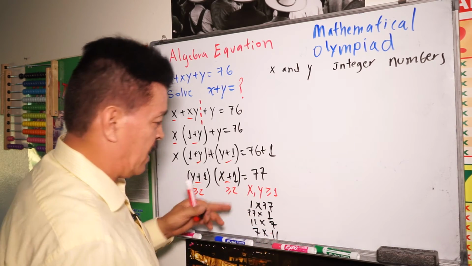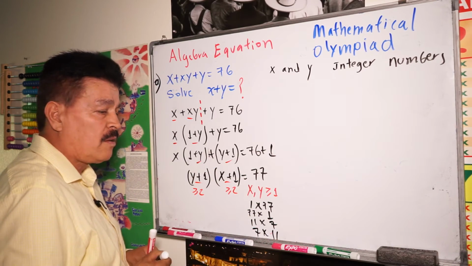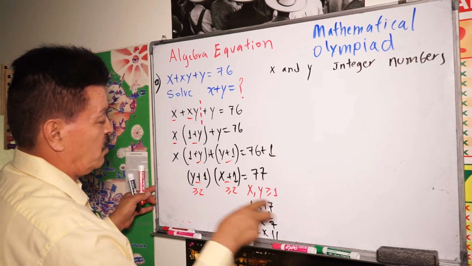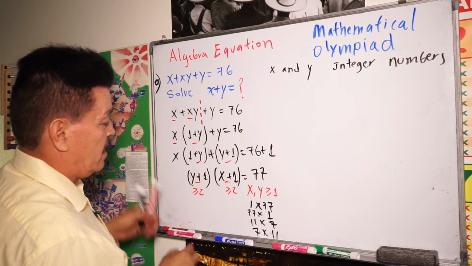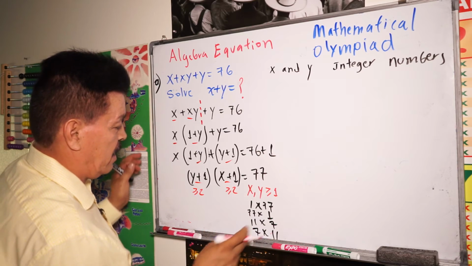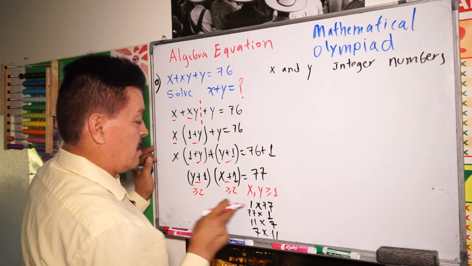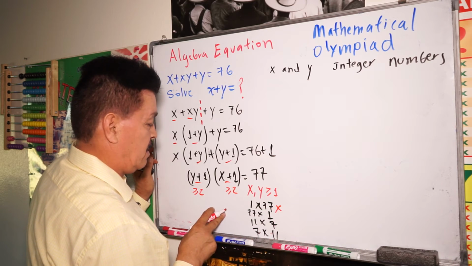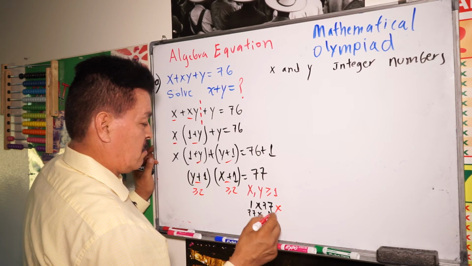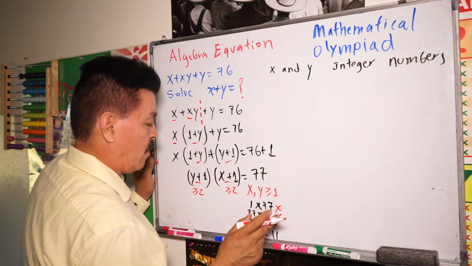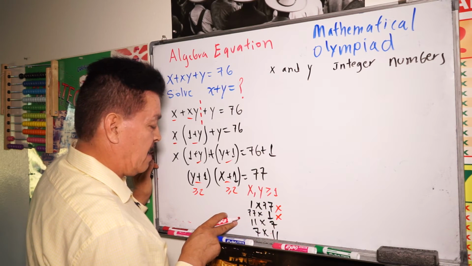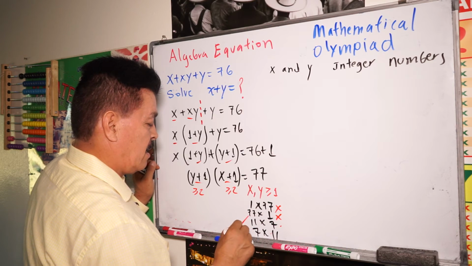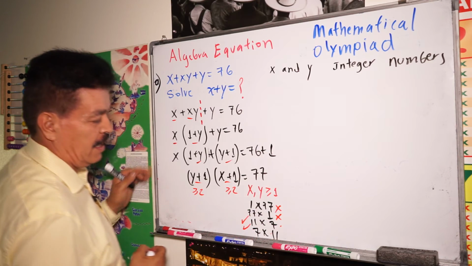All those are the factors of 77. So we need to play with these factors to see which are the right ones. For instance, 1 times 77 is not useful for us, and this one also is not useful. What about 11 and 7, 7 and 11? These ones are useful for us.